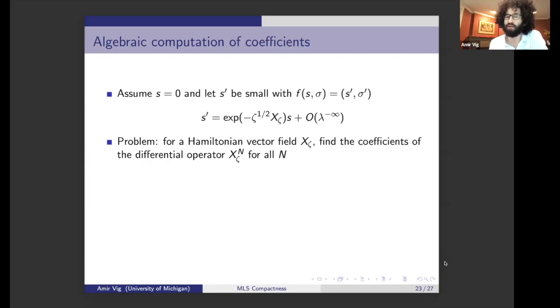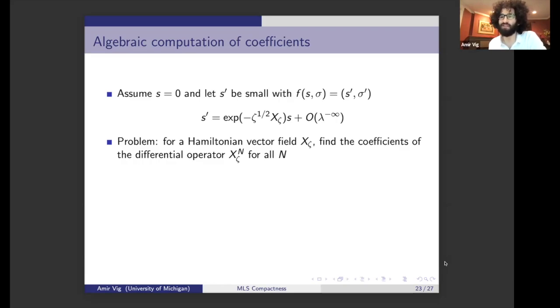If you have a Hamiltonian vector field, so you have d zeta d psi d d theta minus d zeta d theta d d psi, not in action angle coordinates. If you take that differential operator to a high power, what are the coefficients? An easier version of this is if you have a function of one variable, f of x. f of x d/dx is a first order differential operator.